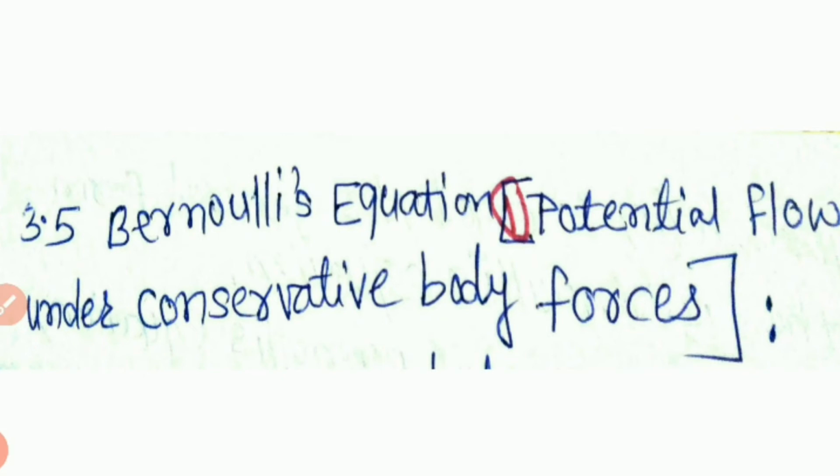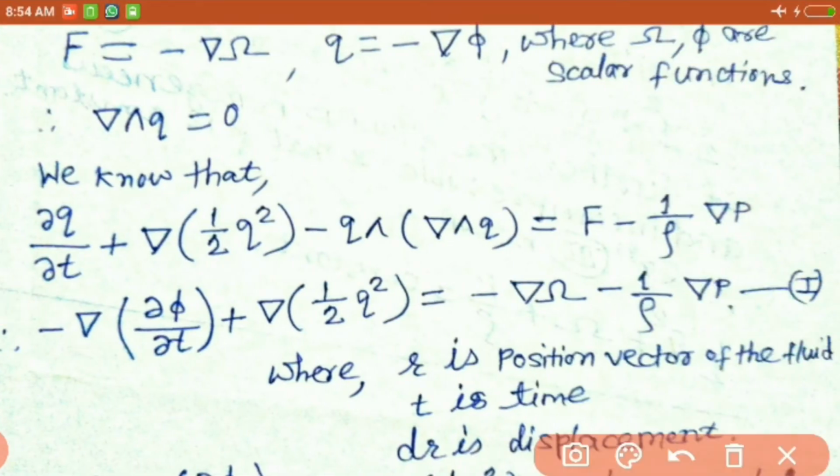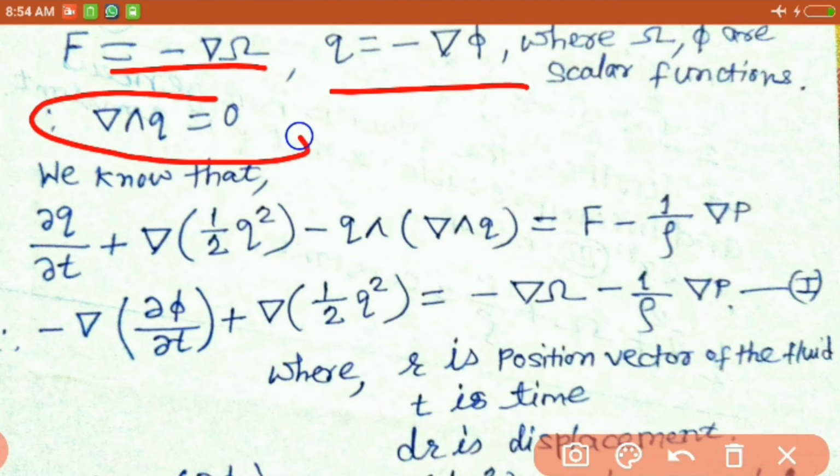Suppose that the body forces are conservative and that the flow is of the potential kind, where omega and phi are scalar functions. We know F is equal to minus del omega, q is equal to minus del phi, and del cross q is 0.